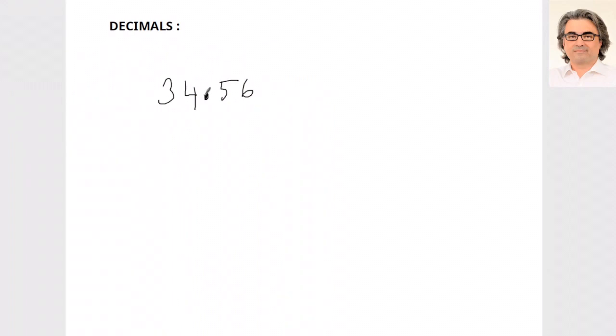34.56. Now this is the dot, and the dot is called the decimal point. It separates the whole part of this number and the fractional part of this number. This is my number in all, and this part is called the whole part, and this part is called the fractional part.